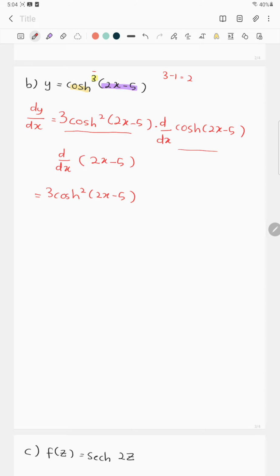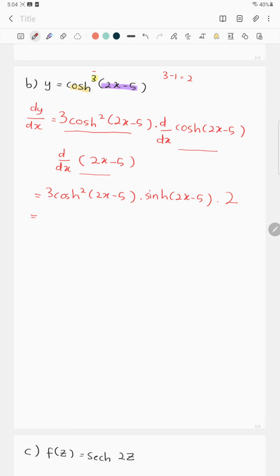This one we don't differentiate yet, so we need to differentiate here. Differentiate cosh, we get sinh 2x minus 5. Then we differentiate 2x minus 5, we will get 2. So make it in the simplest equation.